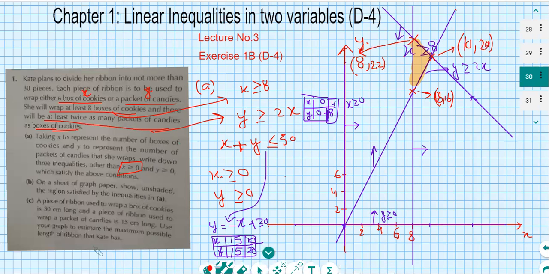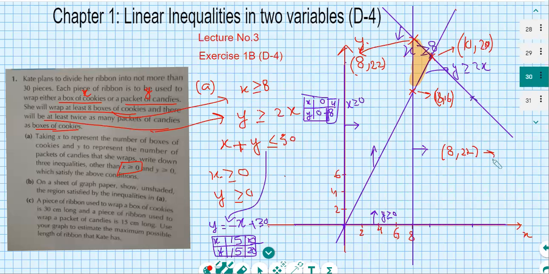Obviously, let's see. For the first point, 8, 22, the length will be: 8 is the number of boxes of cookies, so 8 multiplied by the length of each wrap around the cookies, 30 centimeters.